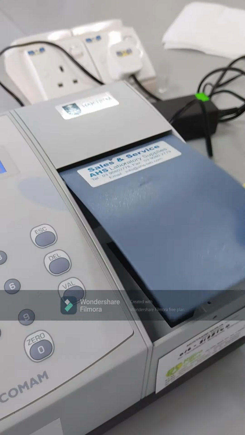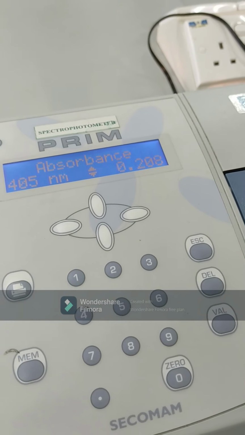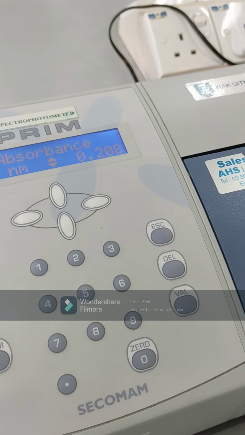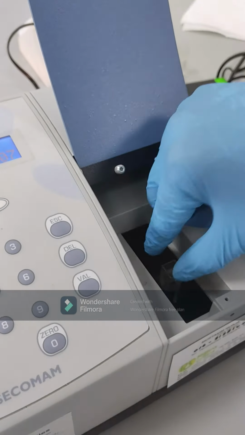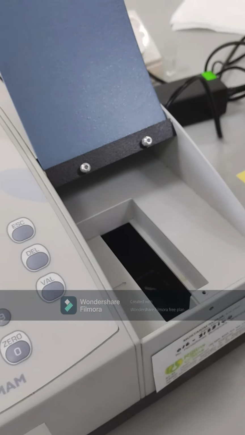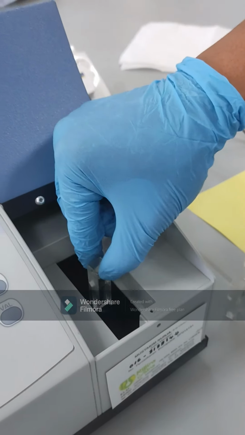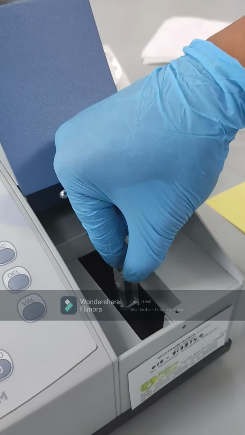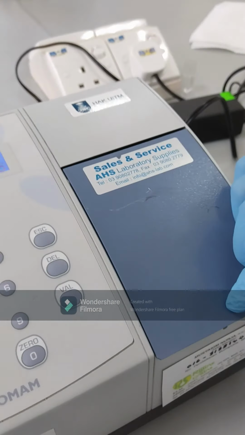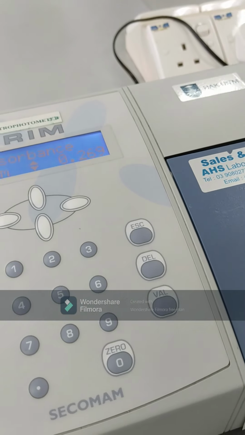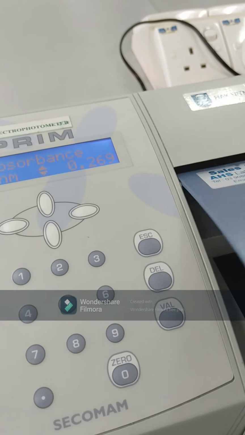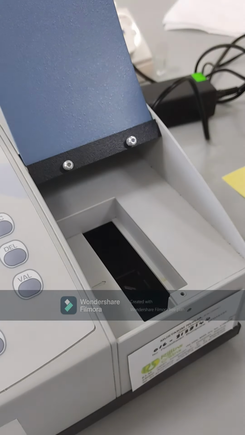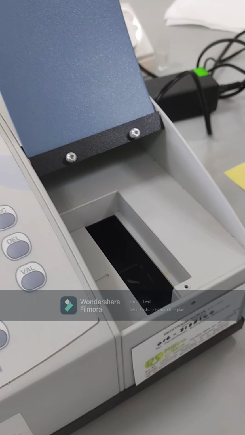Then we will find the delta OD for each test tube. Delta OD means the OD at 3 minutes minus the OD at 0 minute, and then you divide it by 3. Later on, to calculate the enzyme activity, you just multiply by the factor 2742.